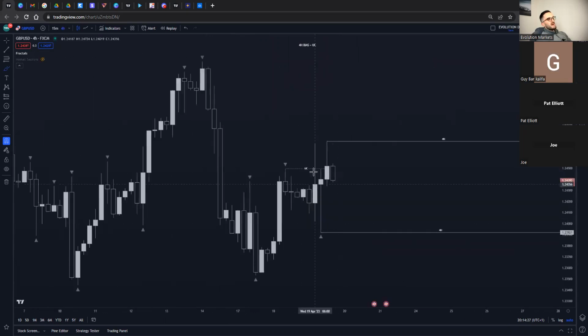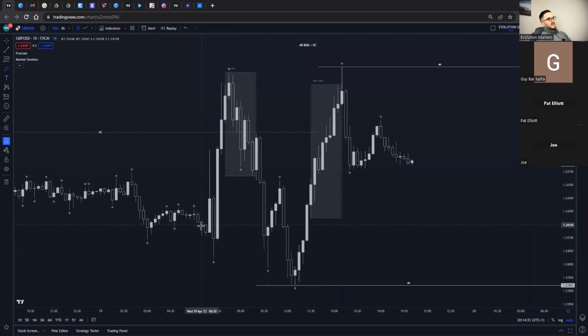Then the 10 o'clock close would have confirmed as an NFT. You can see that on the 15-minute, an aggressive push up, then it pulls back, and at 10 a.m. we're down here. So this is merely just a wick on the higher time frame. You can see that on the 15-minute as well.